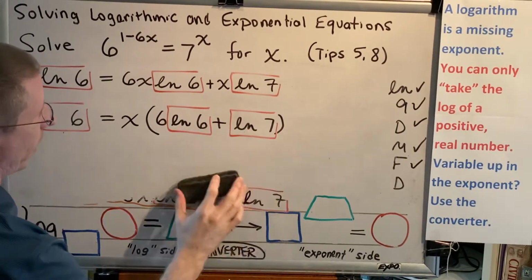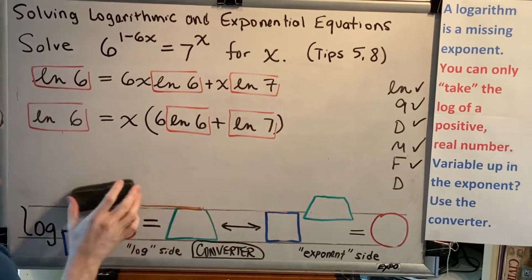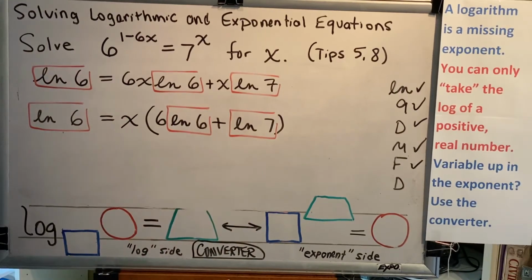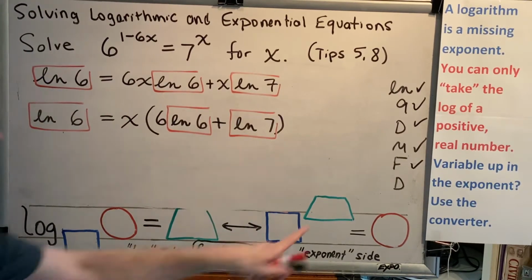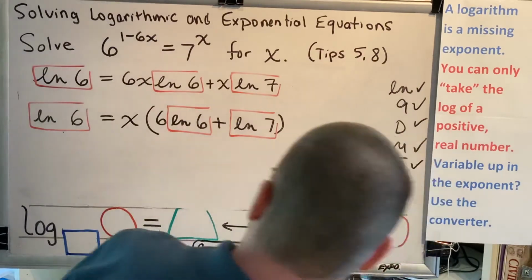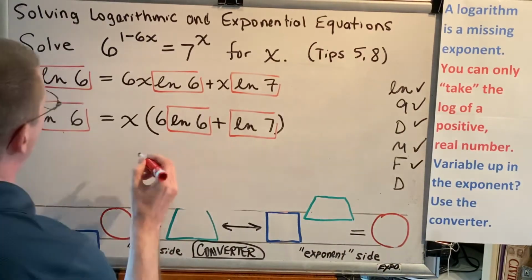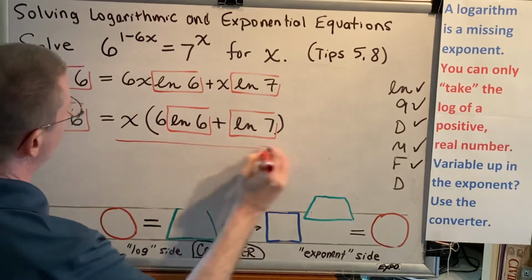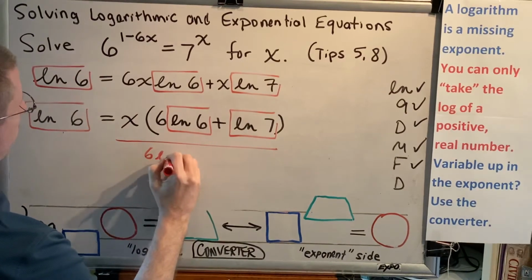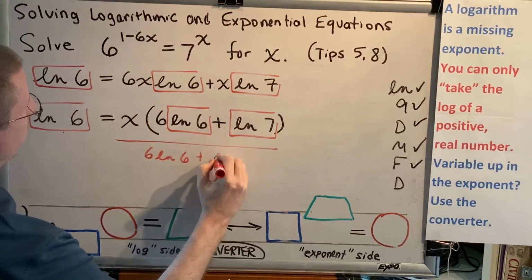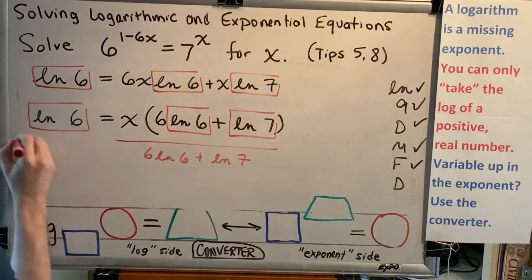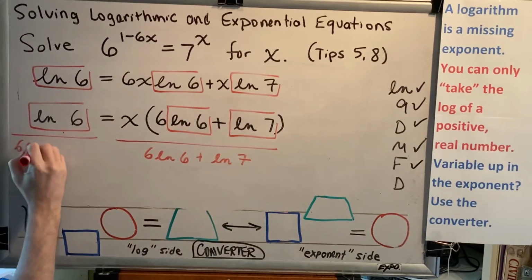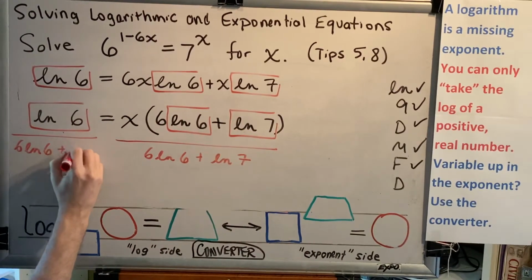Our job is to try to get x alone. So we need to do the opposite of multiply, and the opposite of multiply is divide. So divide both sides by everything you see in the parentheses, which is 6 times the natural log of 6 plus the natural log of 7. 6 times the natural log of 6 plus the natural log of 7.